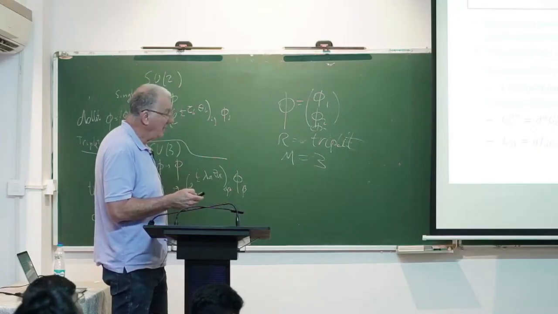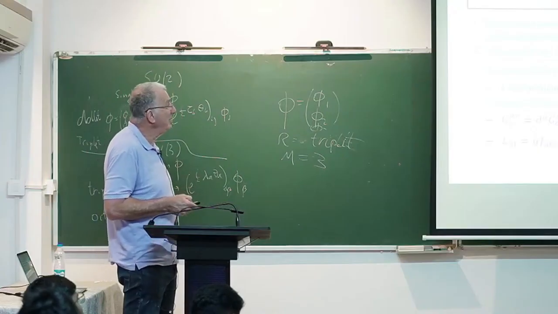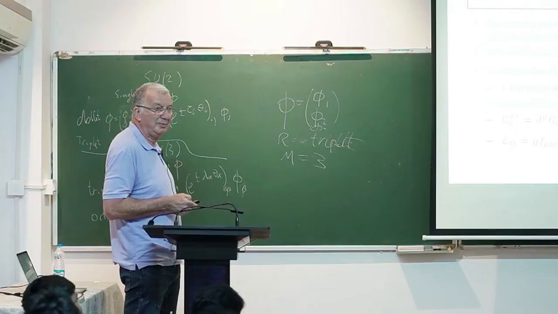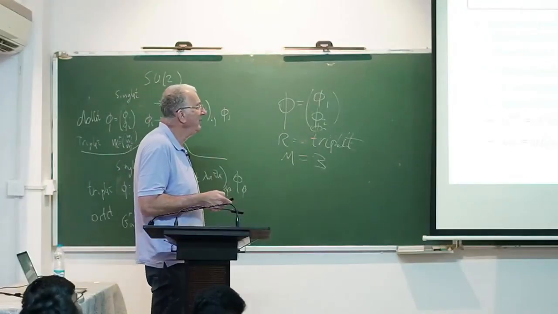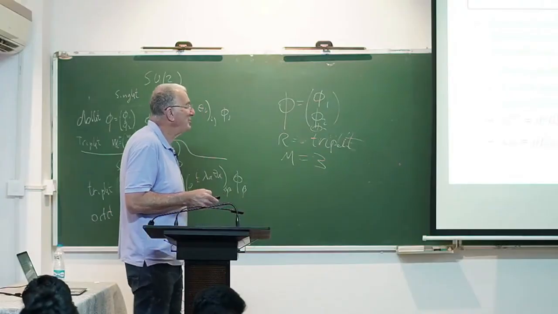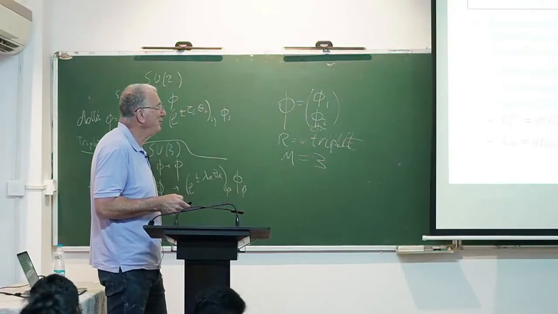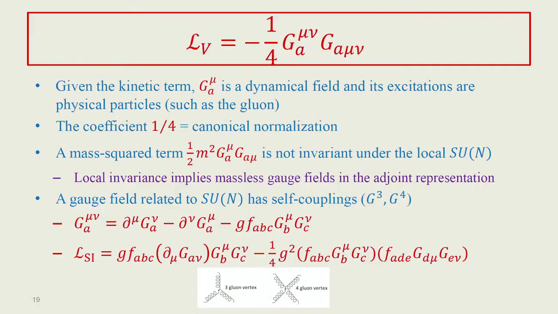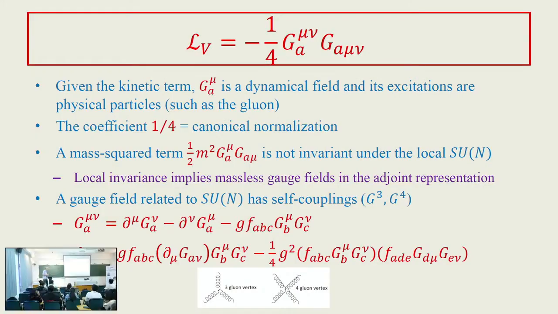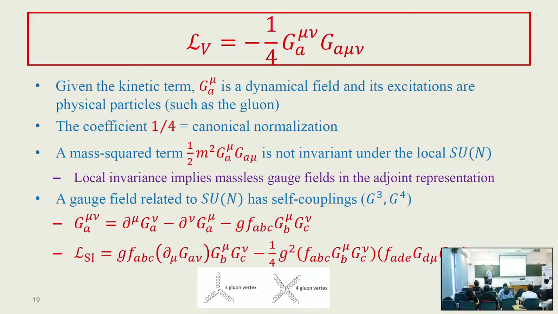Very important, in this combination, there is no mass square term for the gluon field. I now call it a gluon field, but it's any gauge boson for an SU(N) group. Such a term, which is invariant under the global group, is not invariant under the local group, so it's forbidden. So we have a very detailed prediction.